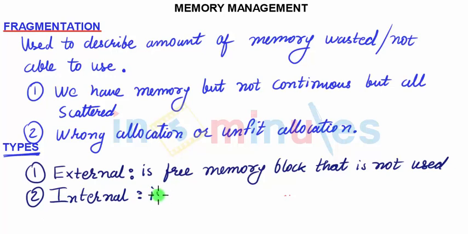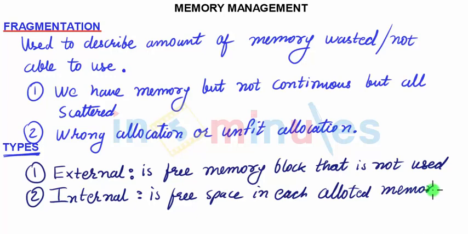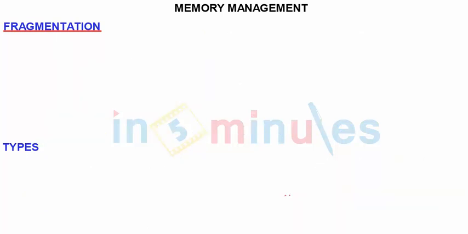Internal is free space in each allotted memory block. Now if you don't understand what we mean by a free memory block and free space in an allotted memory block, let's try to understand with a practical example.